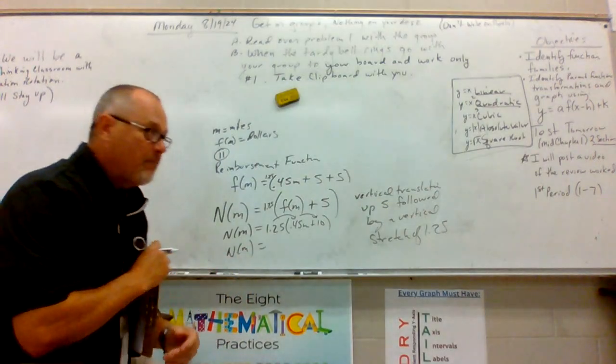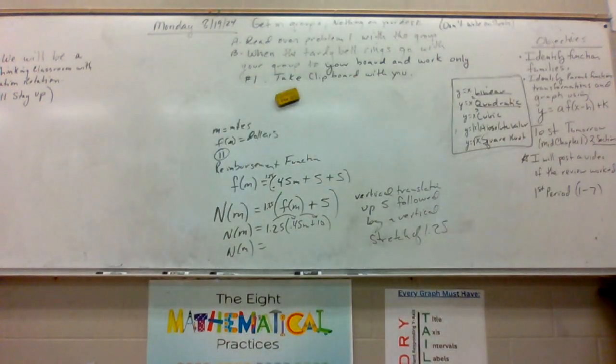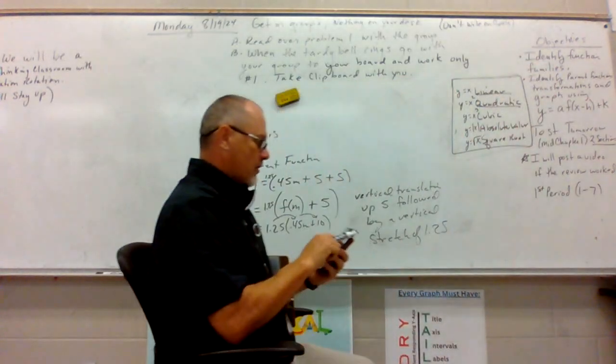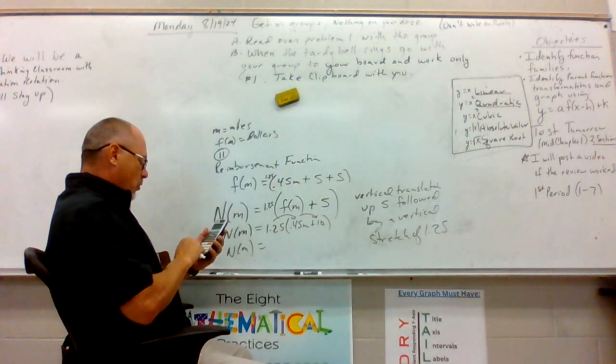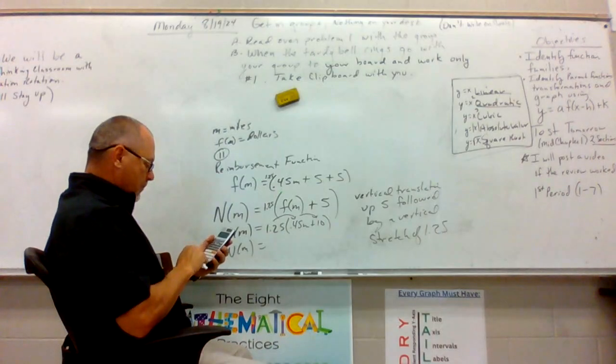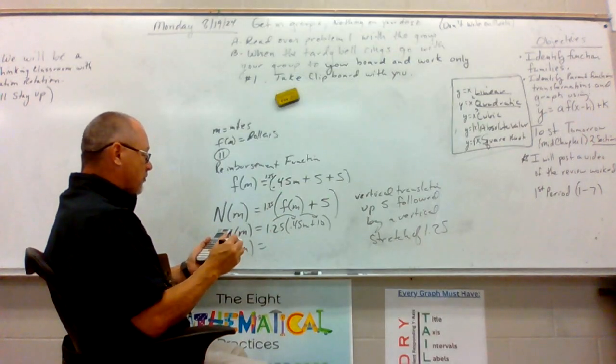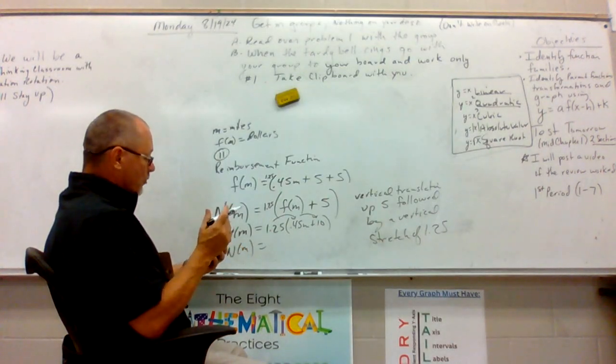All right, so I'm going to take my calculator. Let me go get my calculator. I'm going to do 1.25 times 0.45 equals 0.5625.